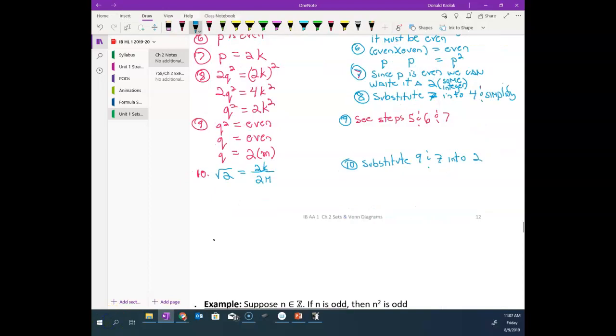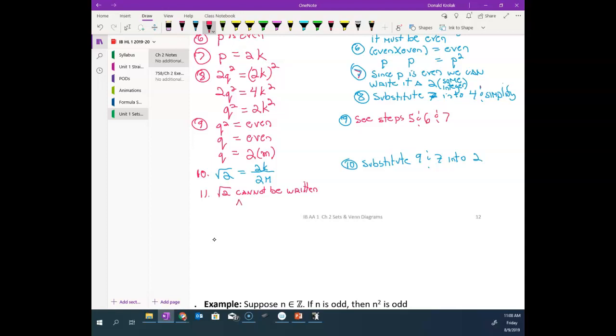Okay. So now, because of this, the contradiction, this contradicts the assumption we made in root 2 cannot be written as a relatively prime ratio.